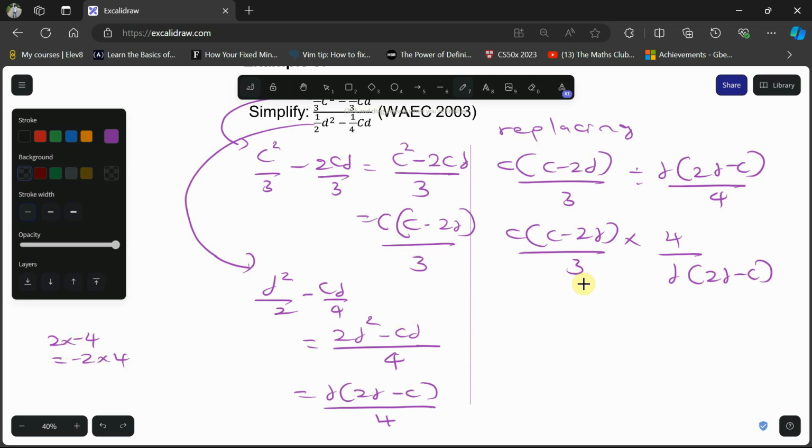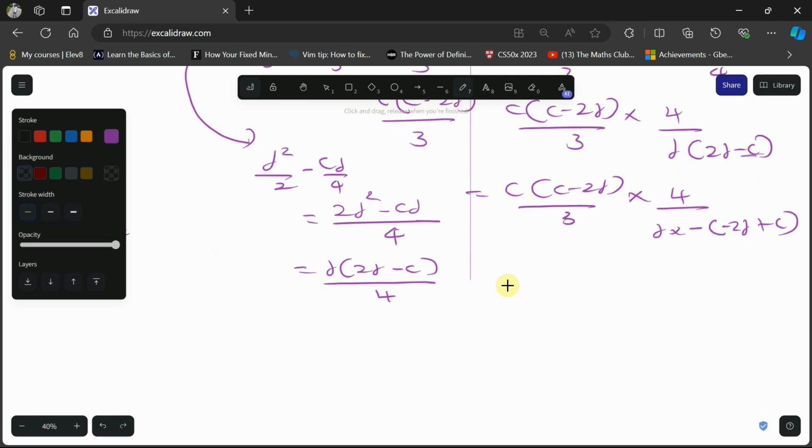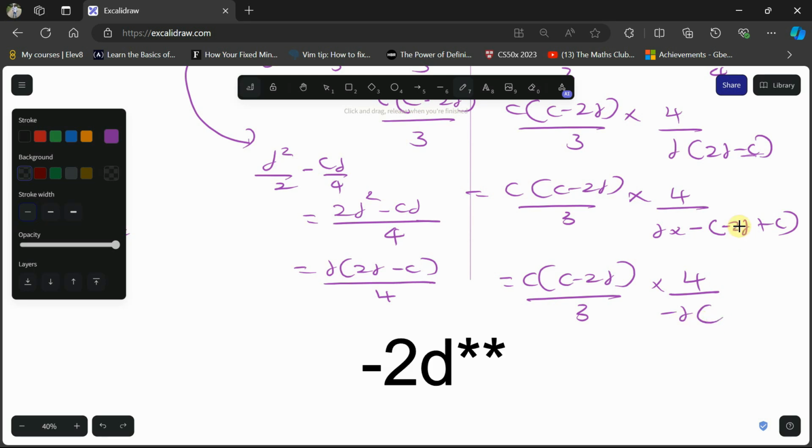So if I factor this out and rearrange, this will be c open bracket c minus 2d all over 3, times 4 all over d, times, let me factor out minus from this, minus open brackets 2d divided by minus gives me minus 2d, minus c divided by minus gives me plus c. So I can write it as c open bracket c minus 2d close bracket all over 3 times 4 all over d times minus, that will give me minus d open brackets minus 2c plus d.